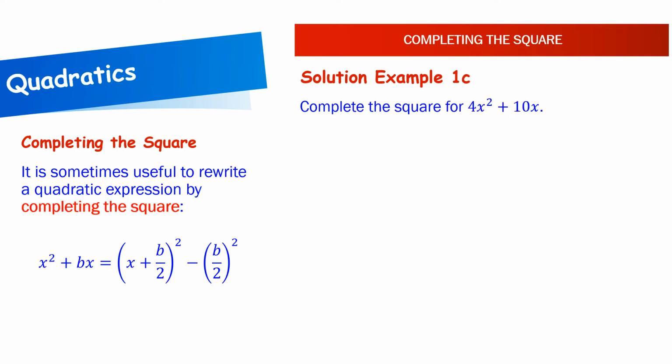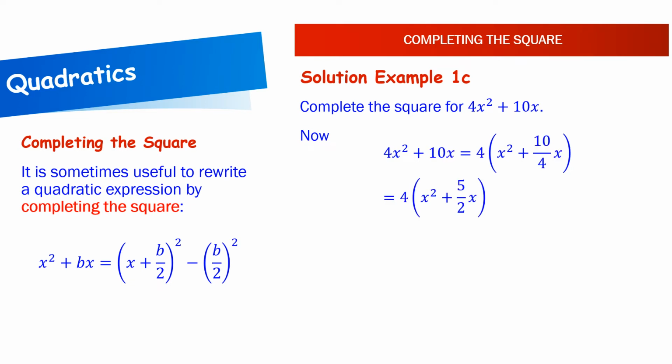And now for example 1c, we're required to complete the square for 4x squared plus 10x. However, this example is slightly different as we have a coefficient which is not equal to 1 for x squared. So we factor this out as shown. Now we can deal with the bit inside the brackets as usual.